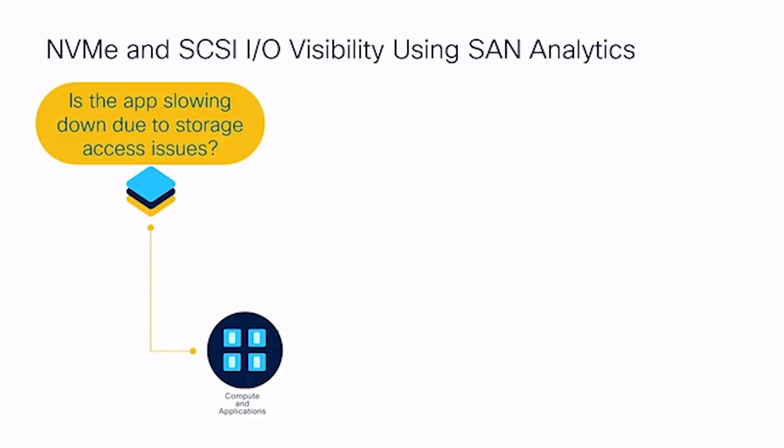So to start with, what exactly are SAN analytics and SAN insights? When we look at applications and think about why their performance may get impacted, there could be 100 reasons. An application owner doesn't really know what's happening at the infra layer.